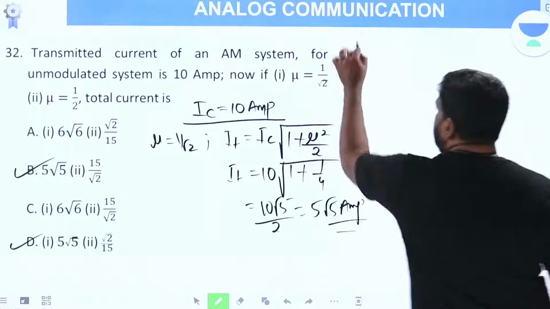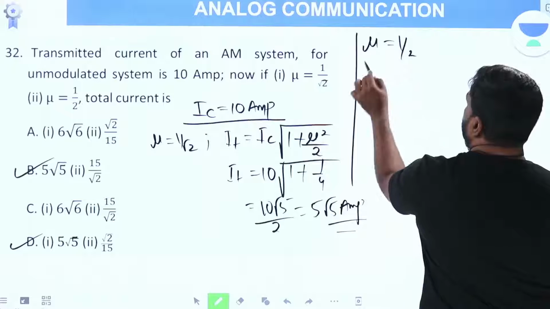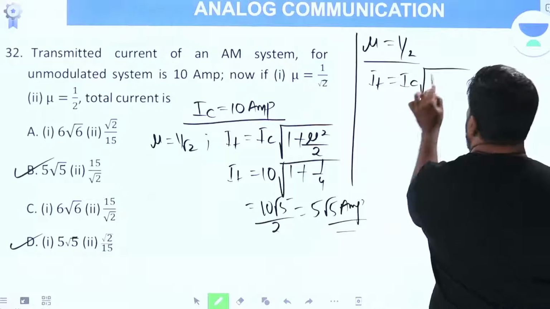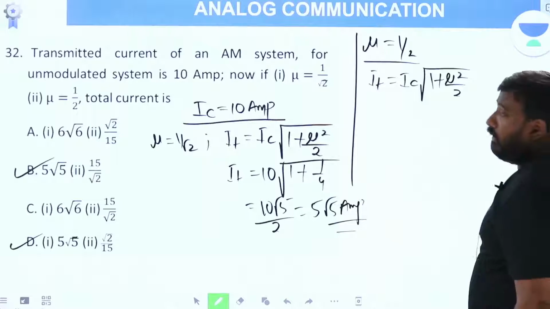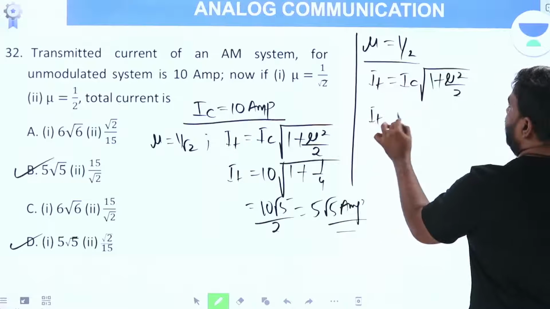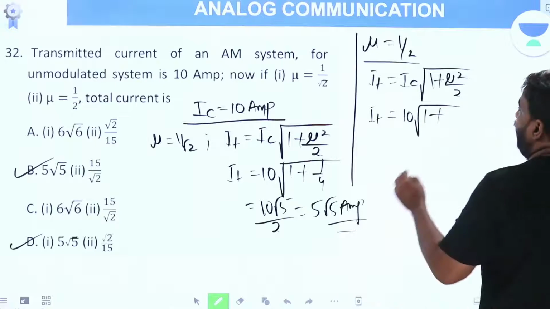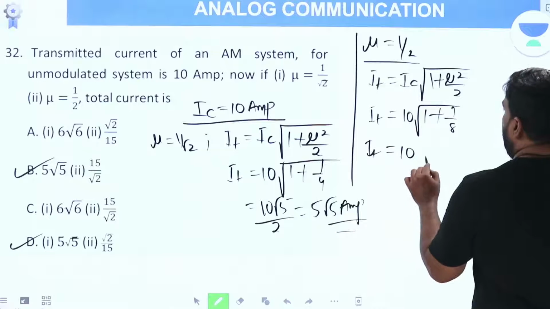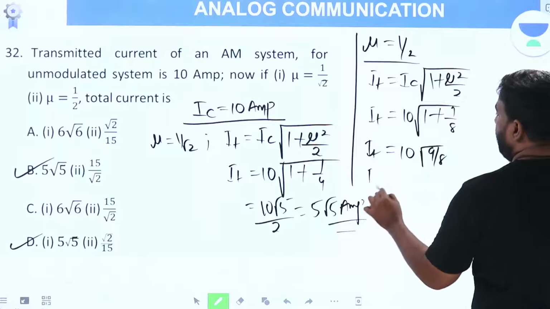Now the next option is mu is 1 by 2. IT is equal to IC into under root of 1 plus mu square by 2. This is IT is equal to 10 into under root of 1 plus mu, which is 1 by 2, whole square, 1 by 4, by 2, 1 by 8. IT is equal to 10 into under root of 9 by 8.